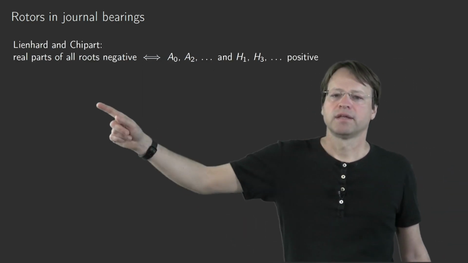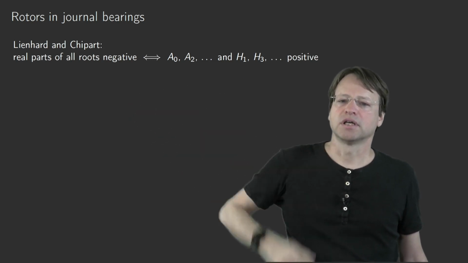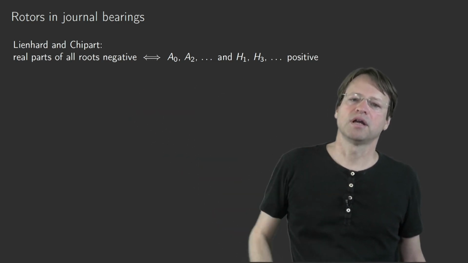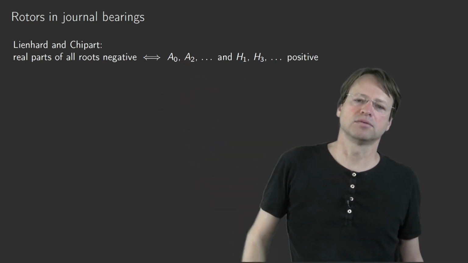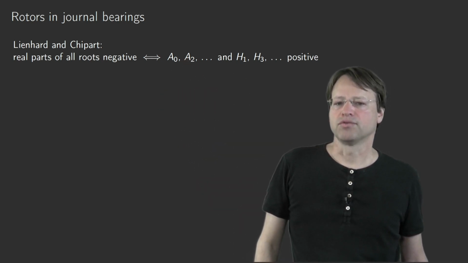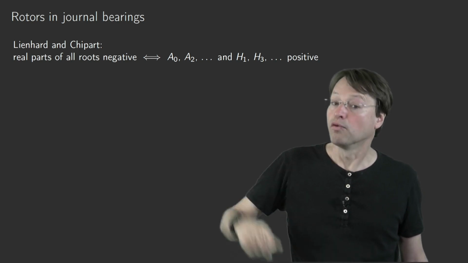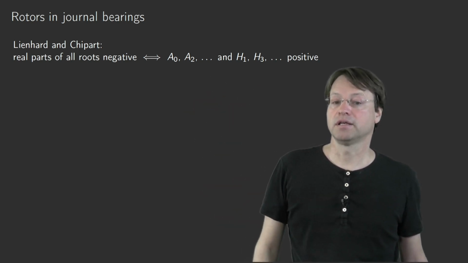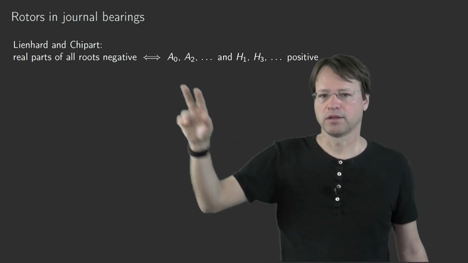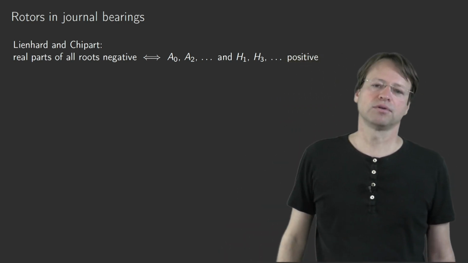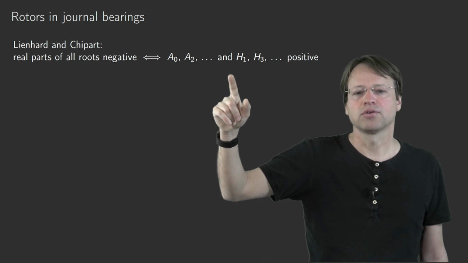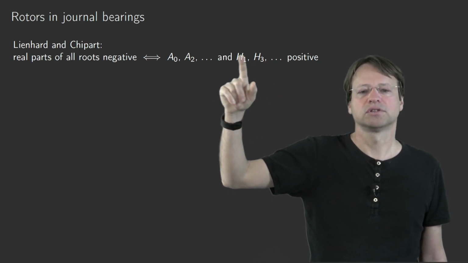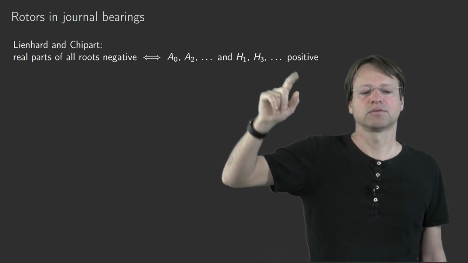Namely, the real parts of our roots being negative is equivalent to having positive values of every second coefficient of the characteristic polynomial, starting with a_0. Of course, a_n is positive, so this is a normalization of the characteristic polynomial with respect to the sign. And you also check every second minor, starting with h_1, h_3, and so on.